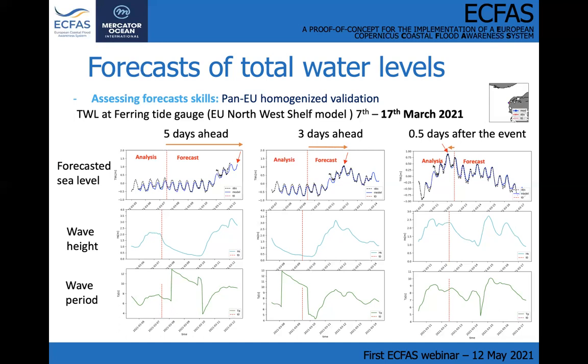And when we are in the analysis mode, so after the event occurred, and we are benefiting from observations and data assimilation, and also more accurate atmospheric forcing. And you can see that even 5 days ahead, so in the 5-day forecast, the model is also capturing the variations of the total water level that are seen by the tide gauge, and even more so in the analysis.